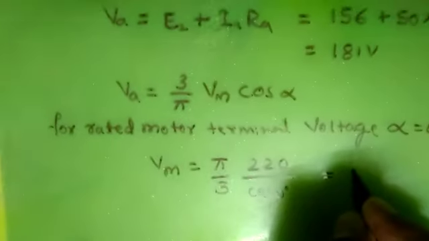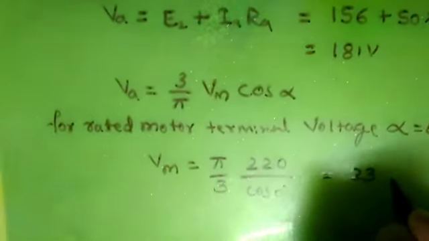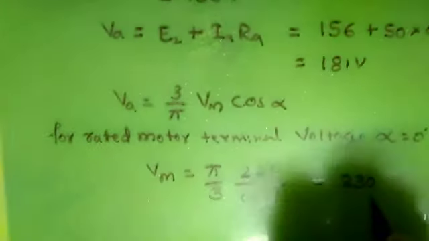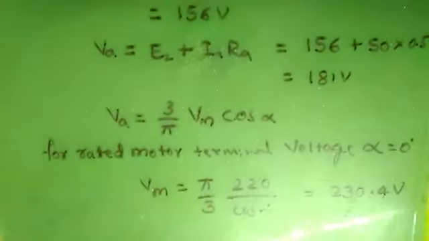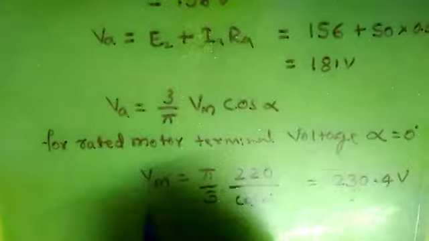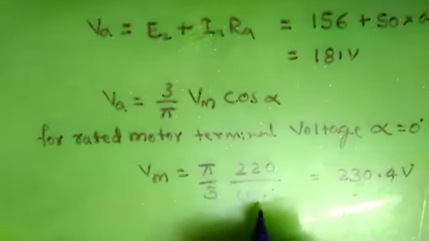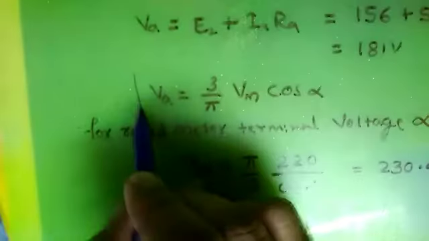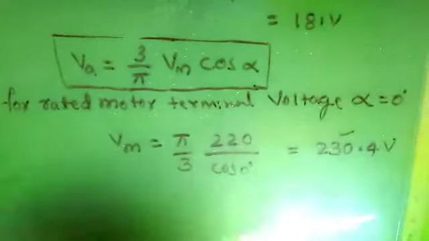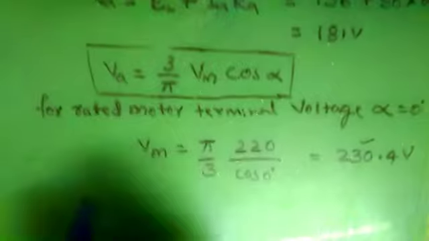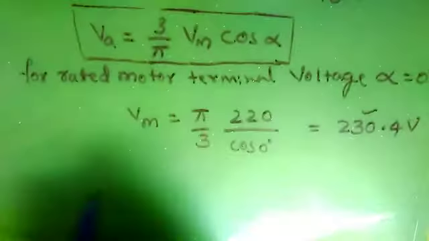So I got 230.4 volt. This Vm corresponds to alpha equal to 0 degree. This is my equation for the three-phase fully controlled rectifier, and this is the Vm I got. Now you have to calculate alpha.